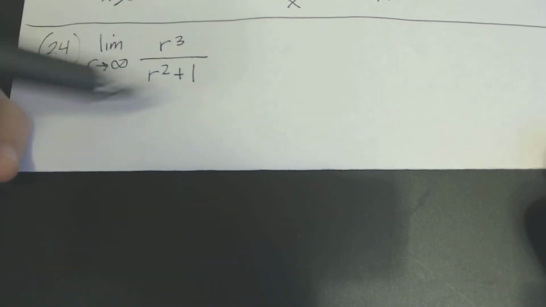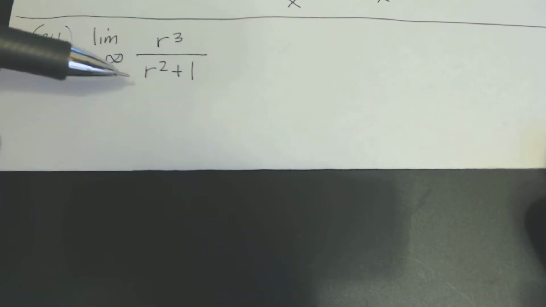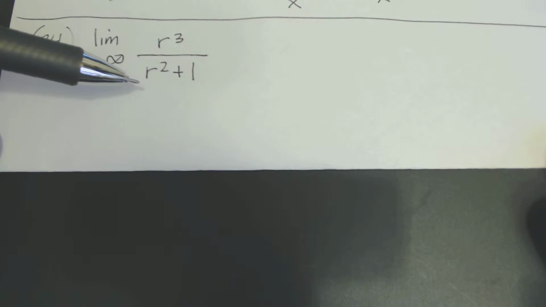And another sort of trick that we've learned in this chapter is that you can evaluate functions like this, rational functions, by just looking at the highest power of each of the biggest terms.